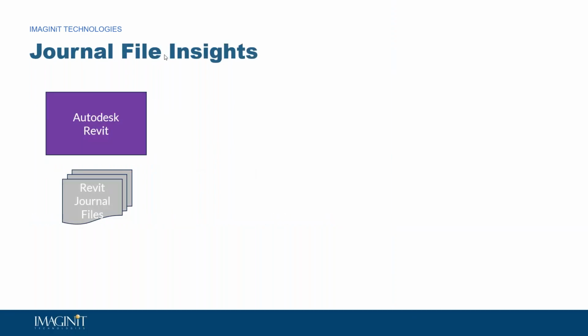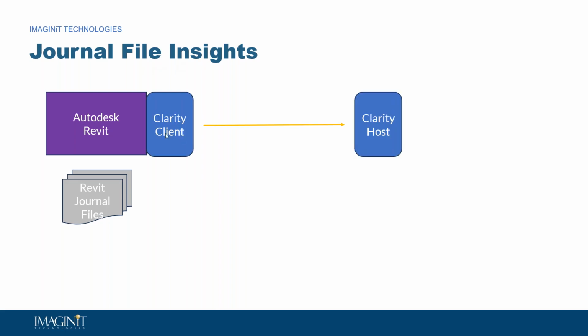So the second area that we've added to in Clarity 2024.1 is trying to get insights out of journal files. And the way that we do this is with the IMAGINiT Clarity client, the add-in for Revit that runs inside your Revit environment and can send information to the host.